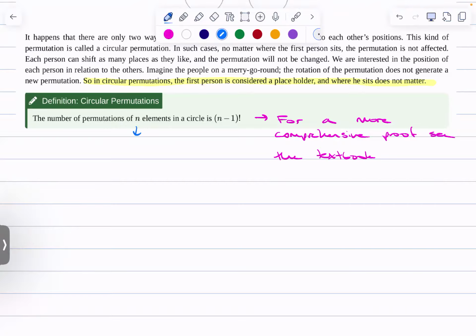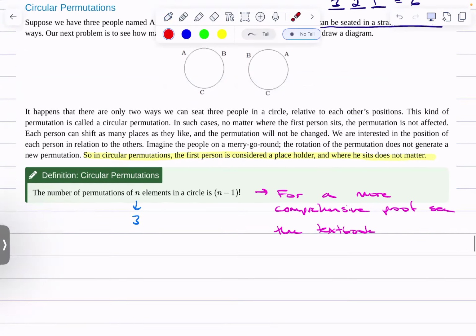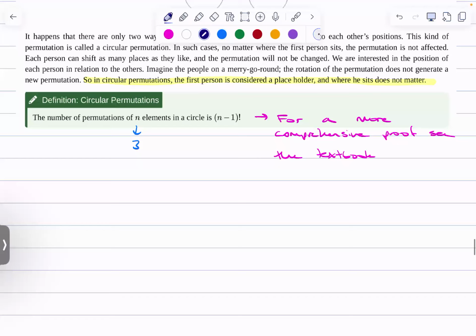But the idea is this. Let's say we have 3 elements, because we just established that there's only 2 ways that I can do that. If I think about it in a circle, let me draw these slots: 1, 2, 3. It'd be more fun if there were more people. But the key is the first person is considered a placeholder, so it doesn't matter where they sit.